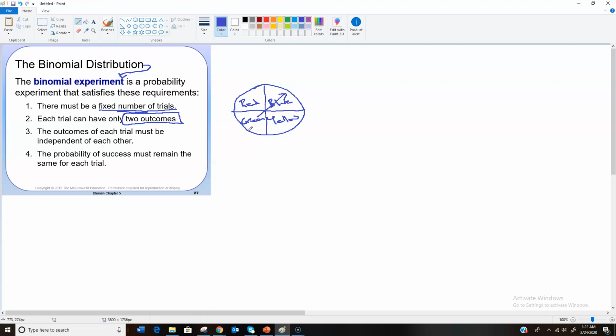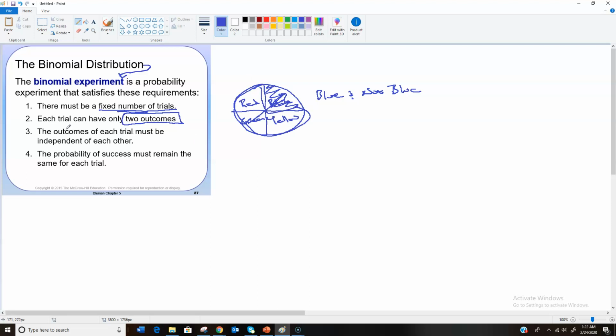I want to spin that spinner so that I get a blue. Well, I then could reduce my outcomes to blue and not blue. Rather than saying there's red, blue, green, and yellow, we can say there's blue, which is this section, and all the rest of these are not blue.